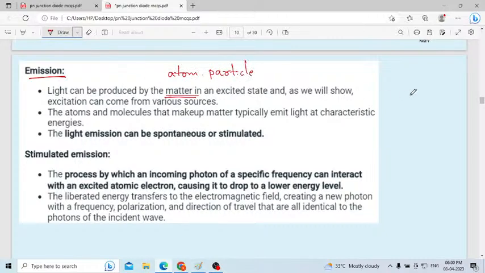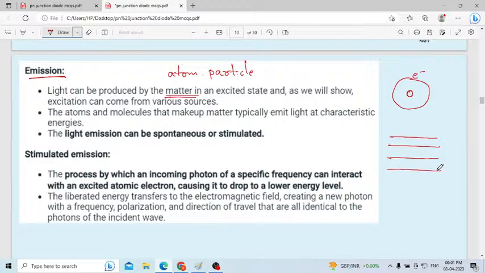When you consider an atom, it contains a nucleus at the center, and the electrons revolve around the nucleus in a particular orbit. Everyone knows this. In each and every orbit you have energy levels.